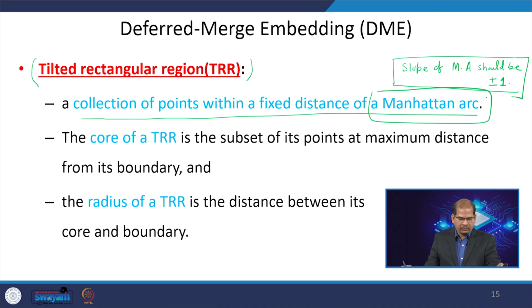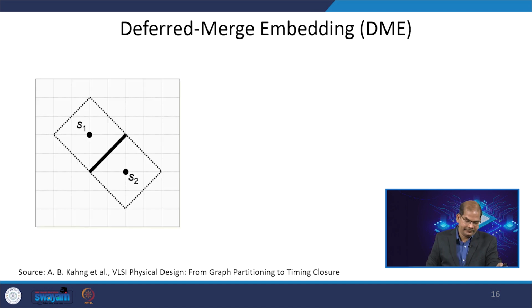Now we are taking a collection of points within a fixed distance of the Manhattan arc. We will discuss that in the next slide. The core of a TRR is a subset of its points at the maximum distance from its boundary. We will see this in the next slide.